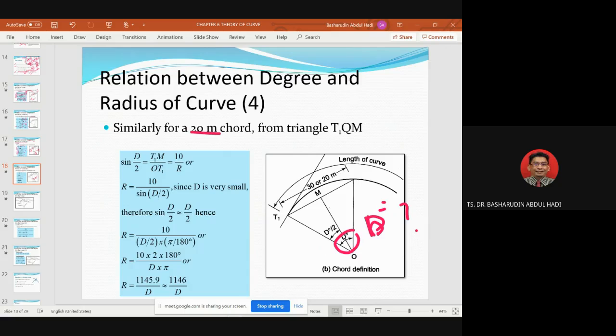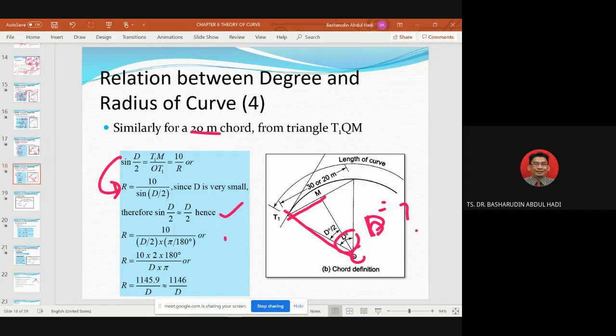D over 2 is equal to T1M divided by OT1, which is 10 over the radius. We change the formula to R equals 10 divided by sine D over 2. Since D is very small, sine D over 2 is equivalent to D over 2.